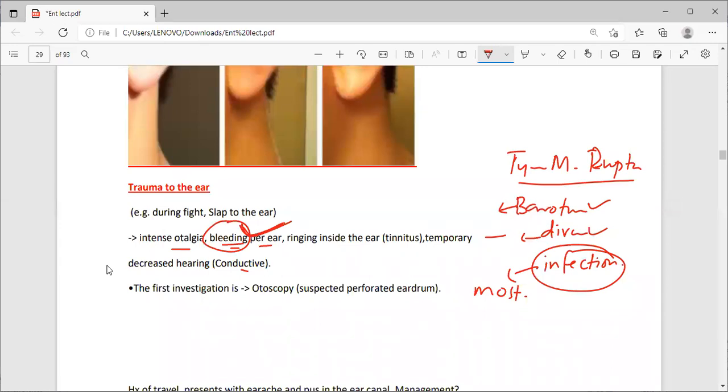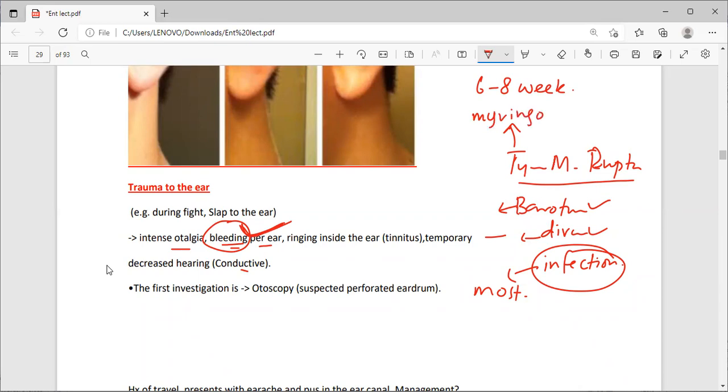Now whenever you see a ruptured tympanic membrane, it will heal by itself in 6 to 8 weeks. But if the rupture is very large, or if it doesn't heal itself, then you should go for myringoplasty.